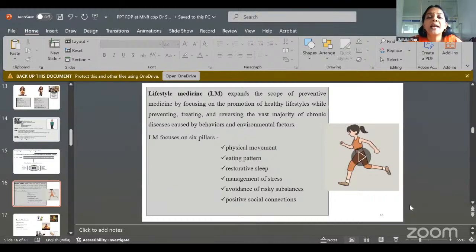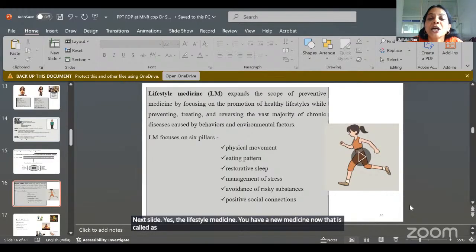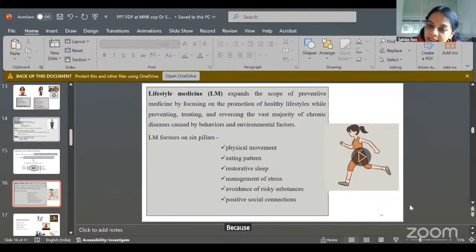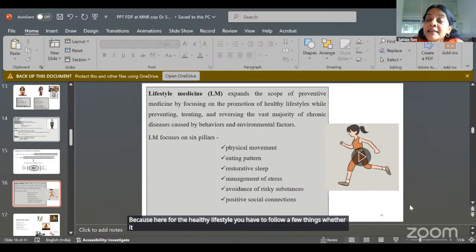Yes, the lifestyle medicine. You have a new medicine now that is called lifestyle medicine. To prevent taking the medication, you have to employ some lifestyle methods, and we can't escape from this, because for a healthy lifestyle you have to follow a few things, anything which will give you a healthy atmosphere.